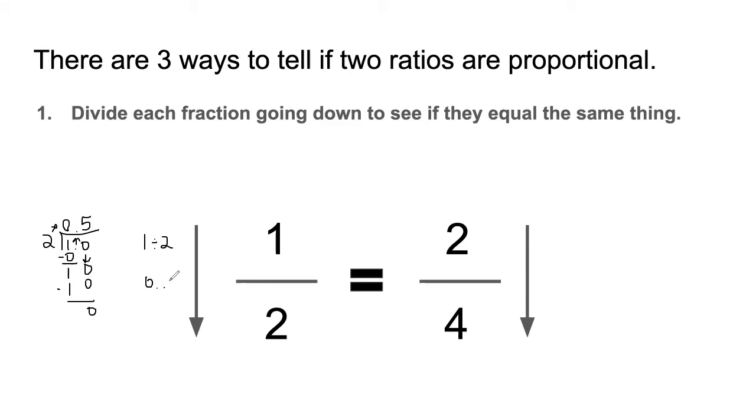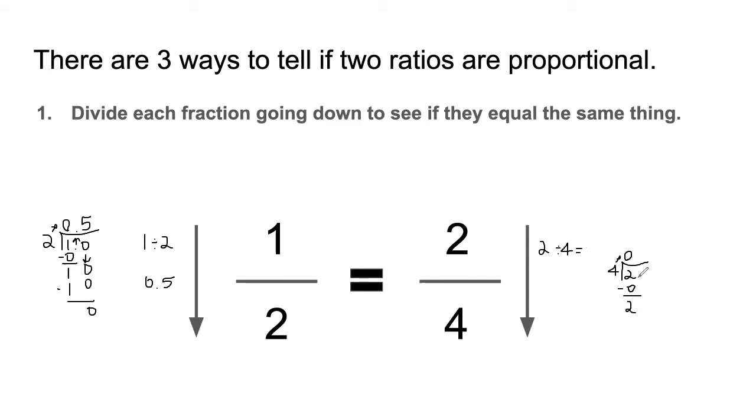So let's see if we get the same thing over here, which we should because these two are equal. So 2 divided by 4 equals, well, let's figure that out. 4 can't go into 2, so that's going to be 0 times. Multiply 4 times 0, we get 0. 2 minus 0, we're left with 2.